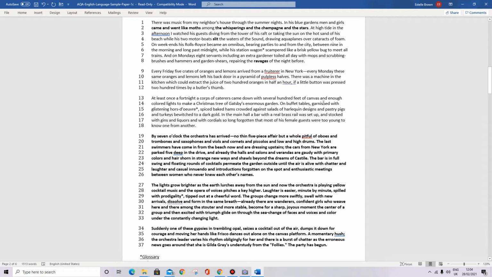On buffet tables garnished with glistening hors d'oeuvre, spiced baked hams crowded against salads of harlequin designs and pastry pigs and turkeys bewitched to a dark gold. In the main hall, a bar with a real brass rail was set up and stocked with gins and liquors and with cordials so long forgotten that most of his female guests were too young to know one from another.